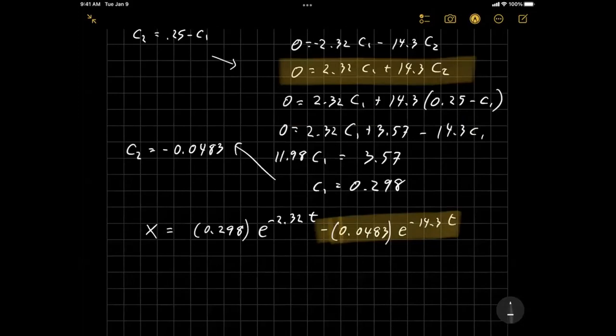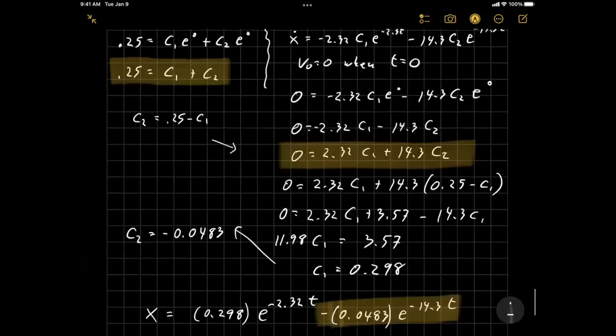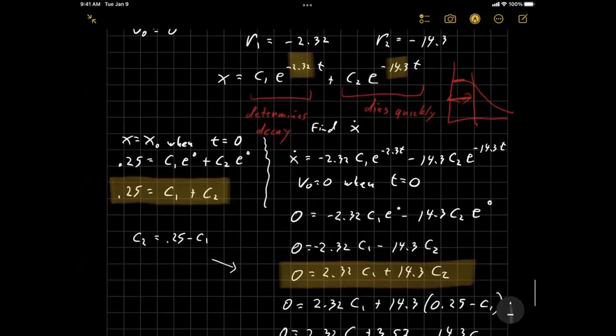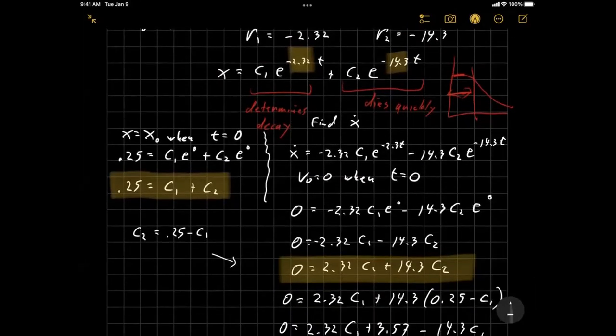So this problem you had to attack by using the position and its derivative and the initial conditions. Quick review. We used that the position was x naught when t was 0 to get one equation for C1 and C2.